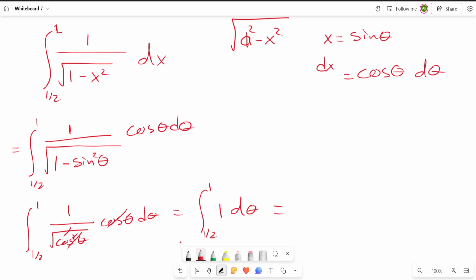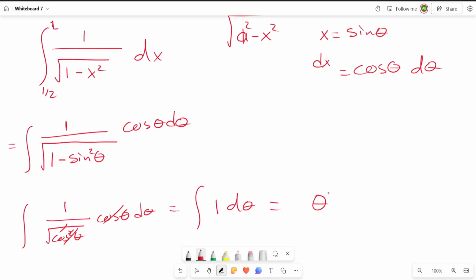This is going to equal, and by the way, again, I did a substitution, so I cannot use the same bounds. I have two options. However, now I'm just going to complete my substitution, reverse it back, and then do the same bounds. So the integration of 1 d theta is basically equal to theta. And right now, I will need to change this theta back. So I know that x equals sine theta.